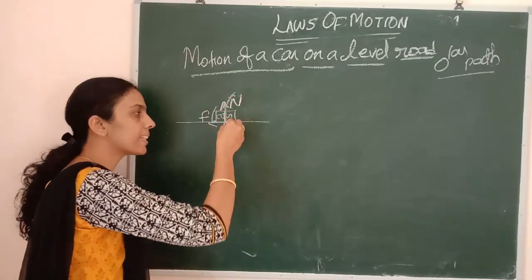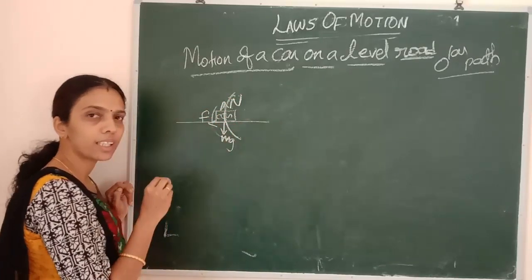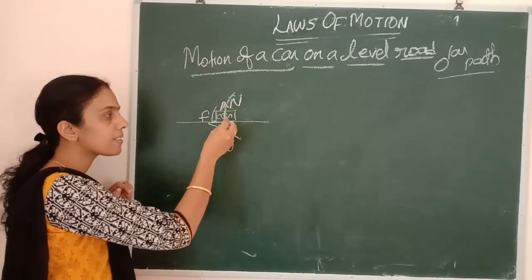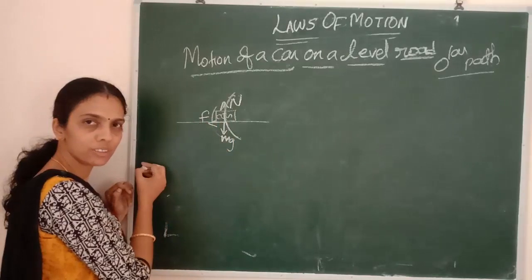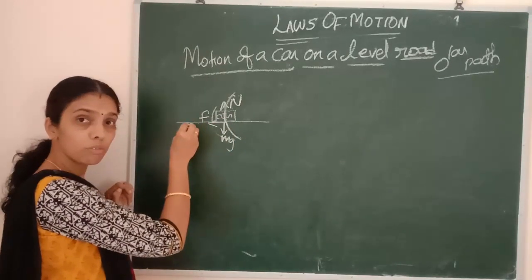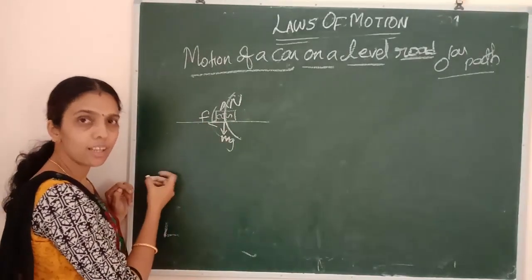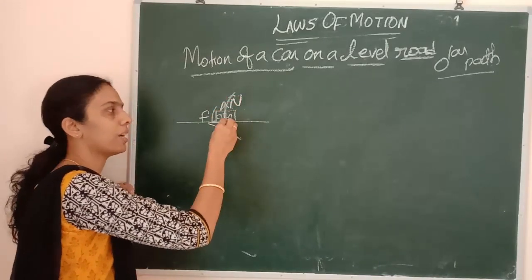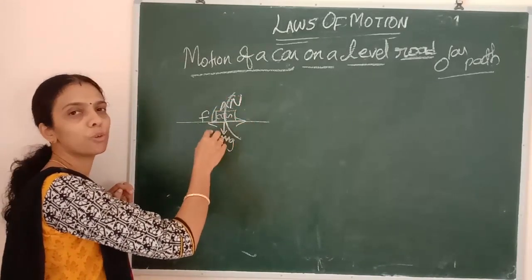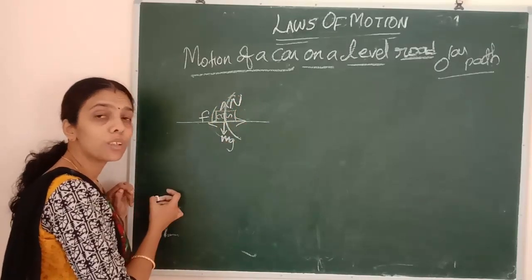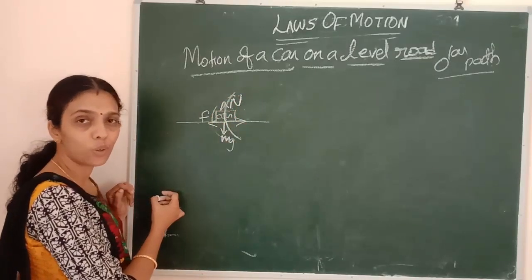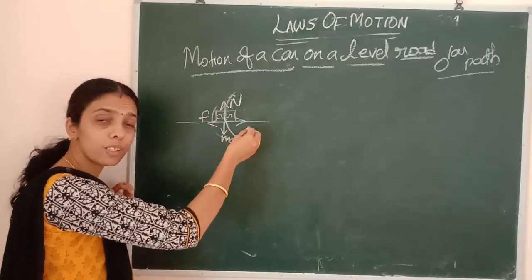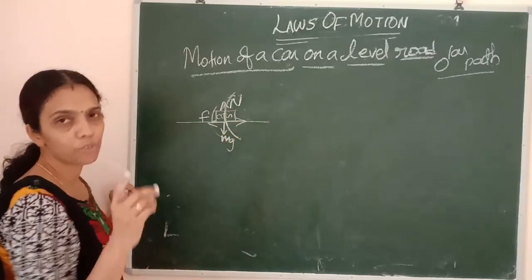If frictional force is acting in this direction, then why is this car not moving in this direction? While taking a circular path, centripetal force is acting towards the center of the circular path. So this frictional force is opposed with the centripetal force.